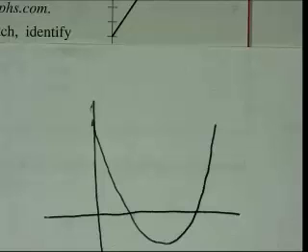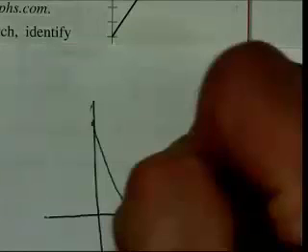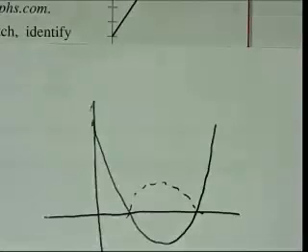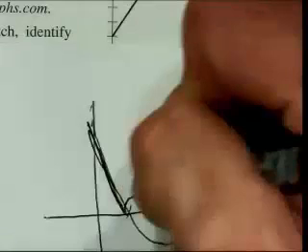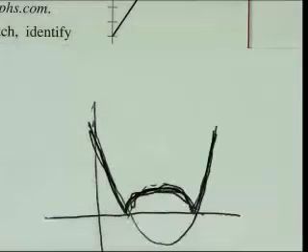Speed can never be negative. So this part that's below the x-axis is going to be flipped up above the x-axis. Right. If I had a highlighter, I'd highlight this. This is the speed function, because speed cannot be negative.